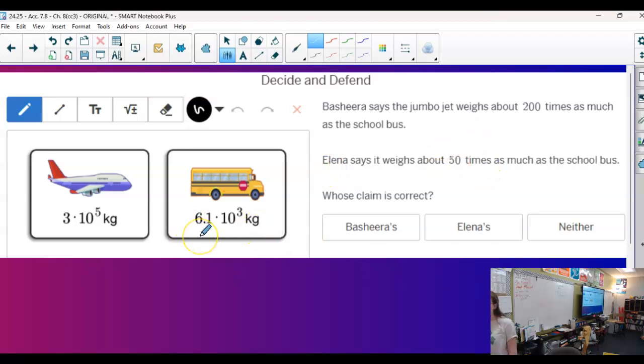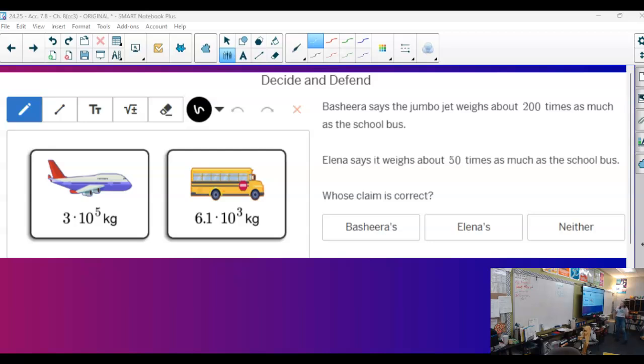So how do we figure out who's right here between Bashir and Elena? We can show it here, but then show why it's necessary. What order are we going to divide? You can still call on people. So how would we divide to figure out who's right here?